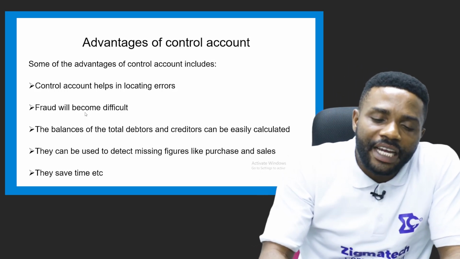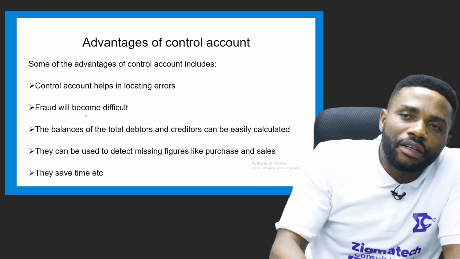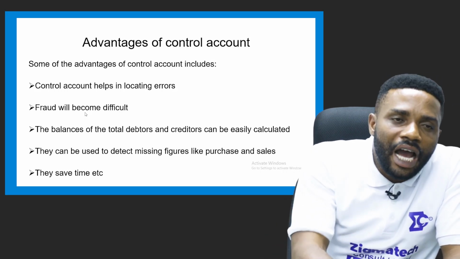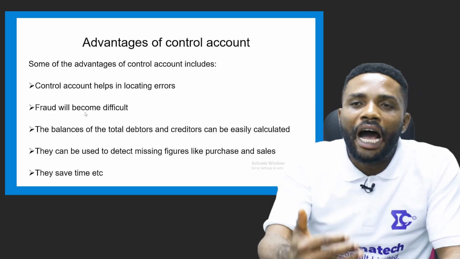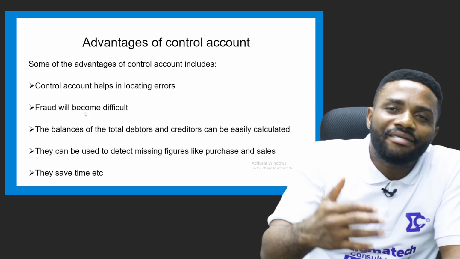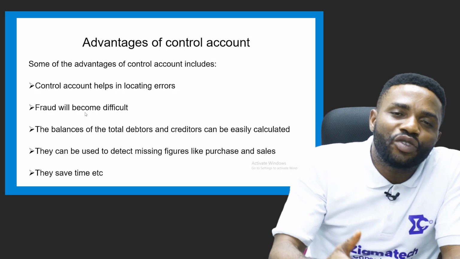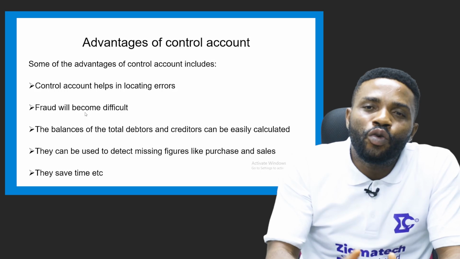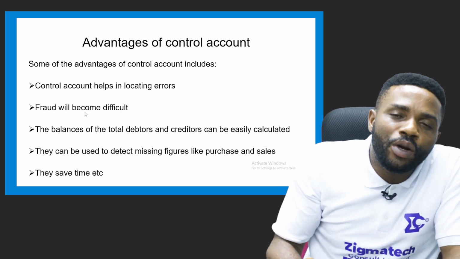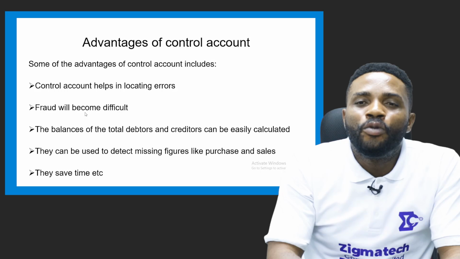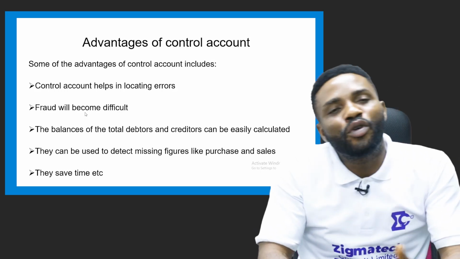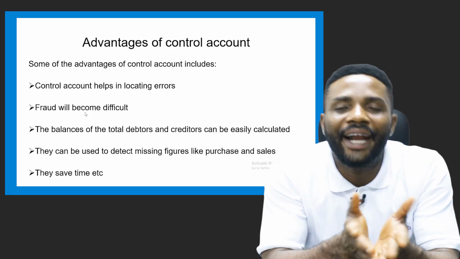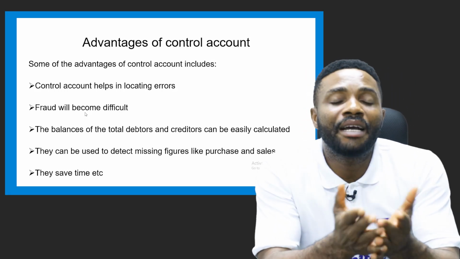Control account saves time. The time involved in trying to flip through your subsidiary books to know who is owing you, who you are owing, how much you have received from the debtors, how much you have paid to your creditors can actually be saved when control account is prepared, because before you have that time to go through all the subsidiary records, you must have extracted the people you are owing and the people that are owing you, and then grouped them under an account called the control account.